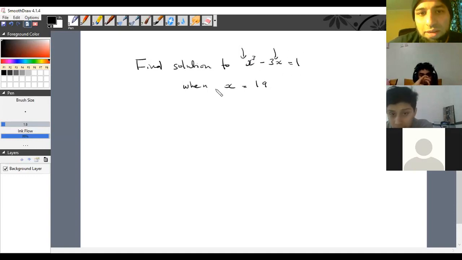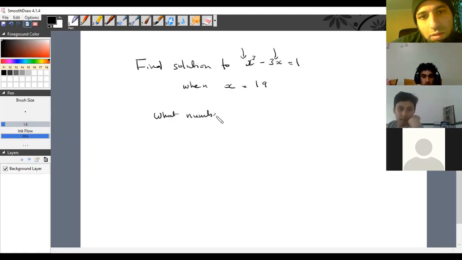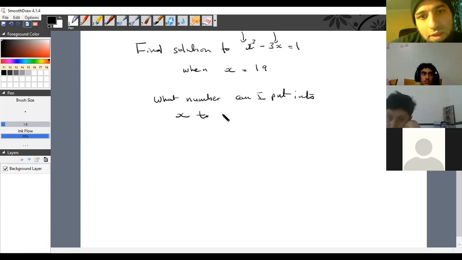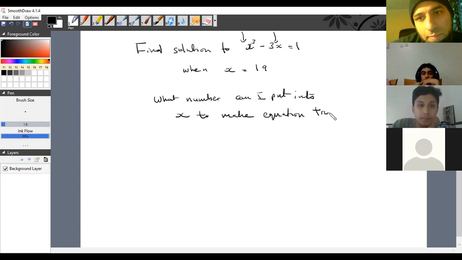So basically, what number can I put into x to make the equation true?